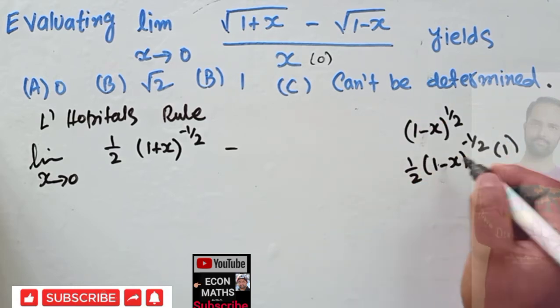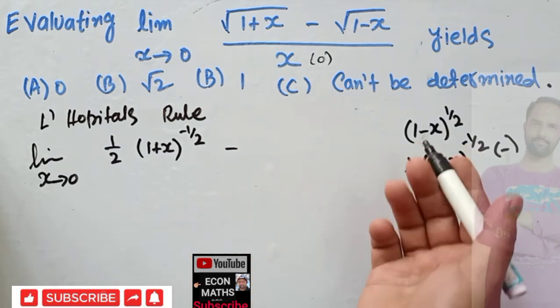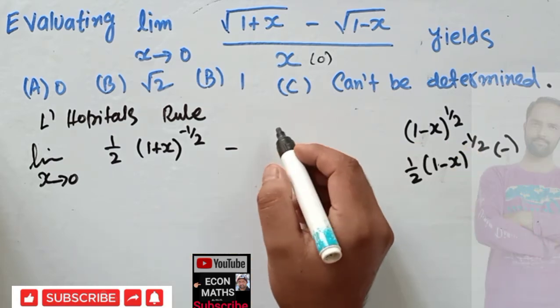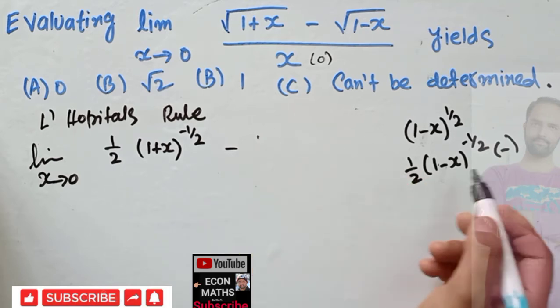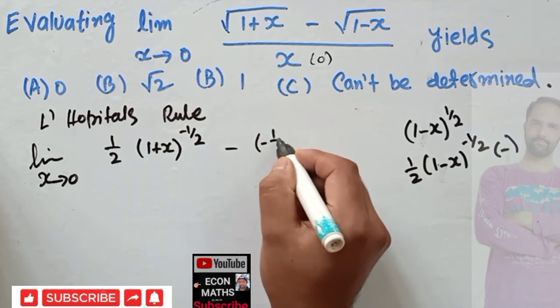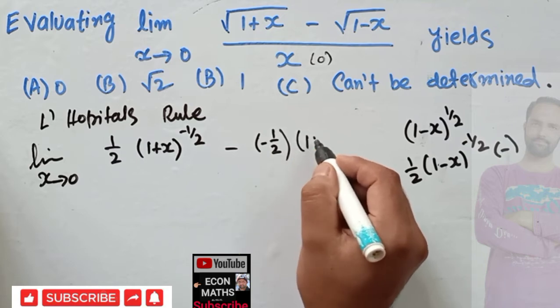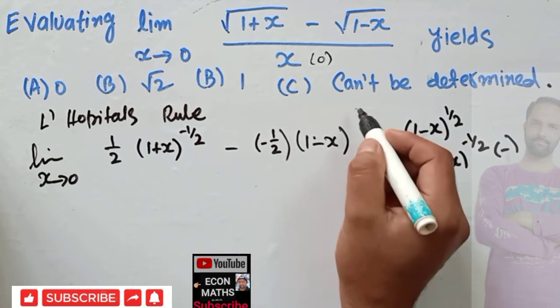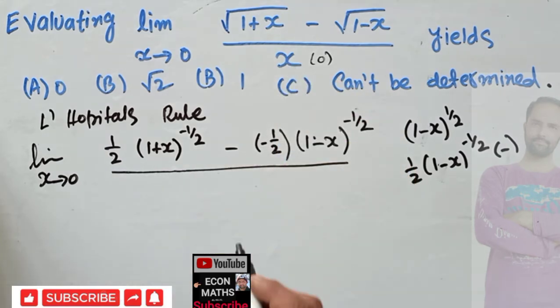Here we have a minus, and the derivative of (1−x) also brings a minus, so we have minus 1/2 (1−x)^(-1/2), divided by the derivative of x, which is 1.